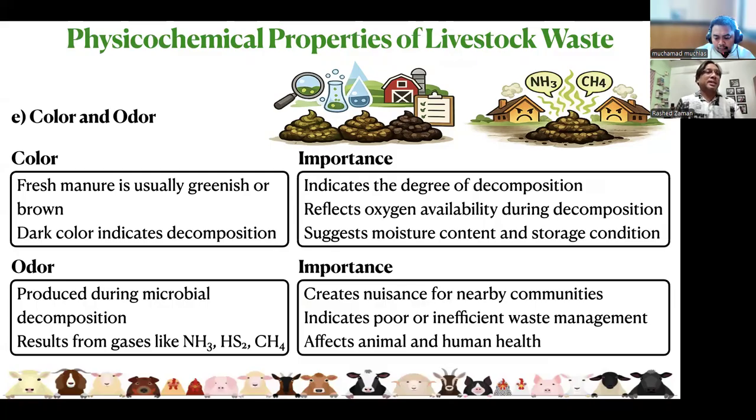It means the color of livestock waste can help us to understand whether the waste is fresh or partially decomposed, because as I have already told, the fresh color of the waste is greenish to brown, and stored or old waste is a bit darker.